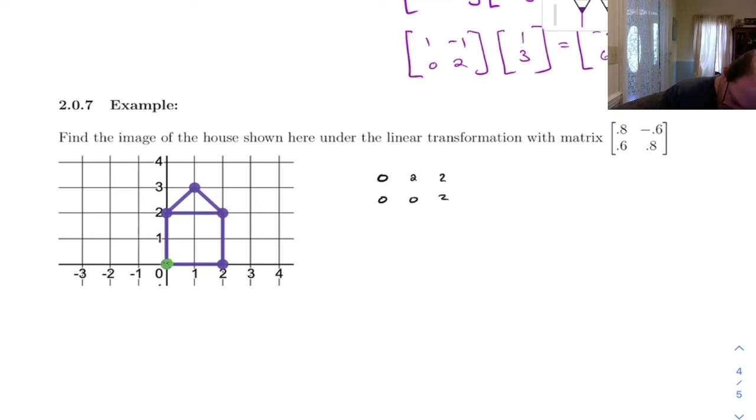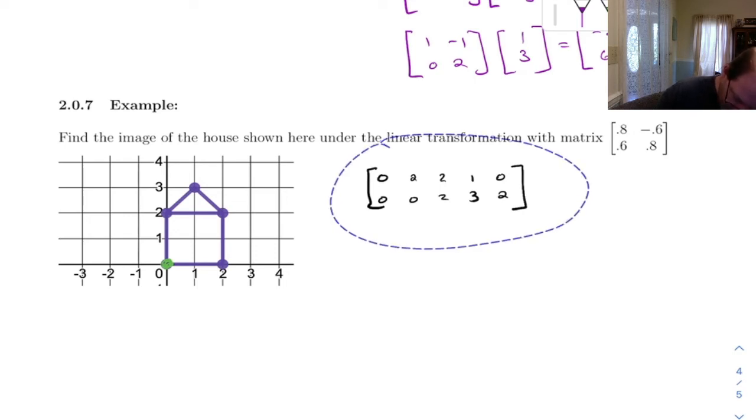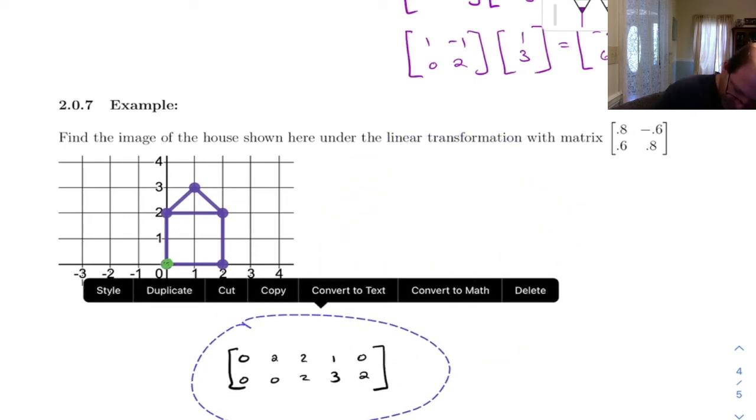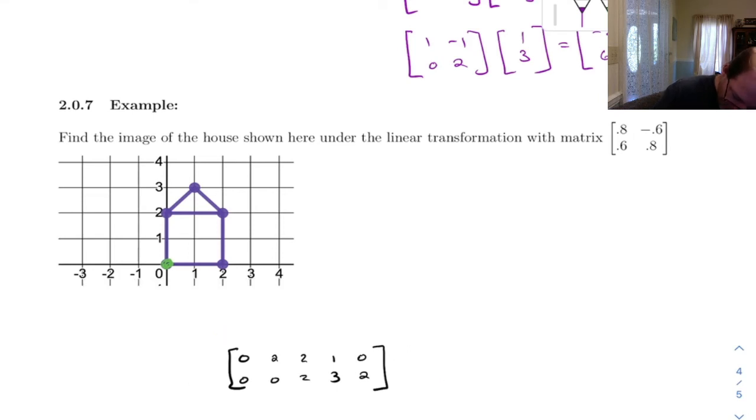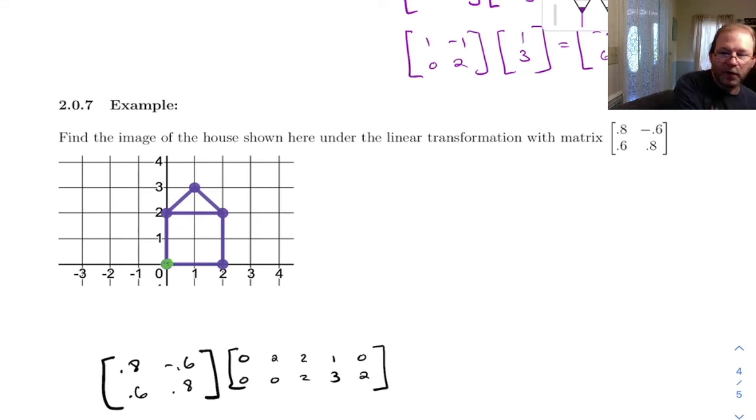And then the last one is 0, 2. So what we can do is take all of these and multiply them all at once. So I'm going to multiply it by this matrix: 0.8, -0.6, 0.6, 0.8. Let's just have Octave do all of that for us at once.